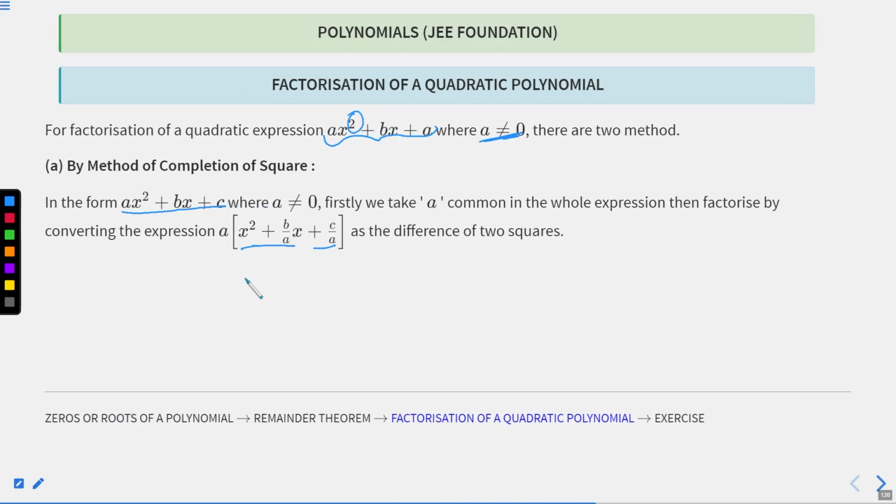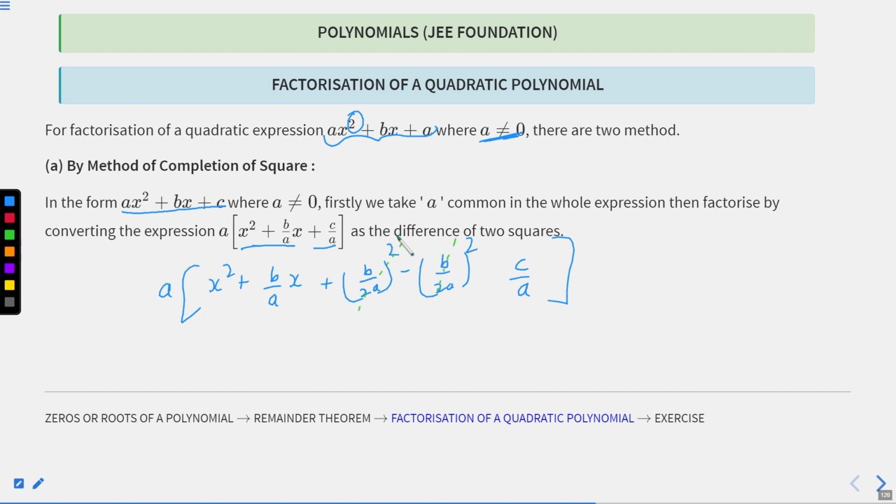Just adding and subtracting some term will give me my answer. So let's see what I have to add and subtract. We have x square plus b by a x. Now just add b by 2a whole square and subtract the same b by 2a whole square, because both can be cancelled out.